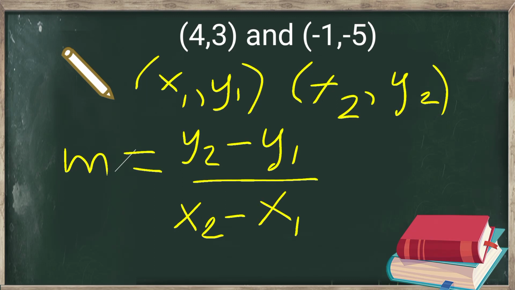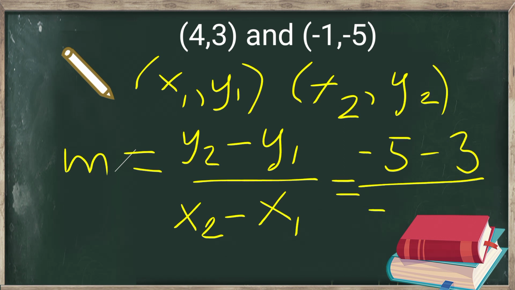Pwede nyo unahin yung y sub 1 sa y sub 2, x sub 1 sa x sub 2. Parehas lang din yung lalabas. So we need to substitute. Since y sub 2 is negative 5, so negative 5 minus the y sub 1, which is 3. So we substitute 3 all over the x sub 2, which is negative 1, minus the x sub 1, which is positive 4.